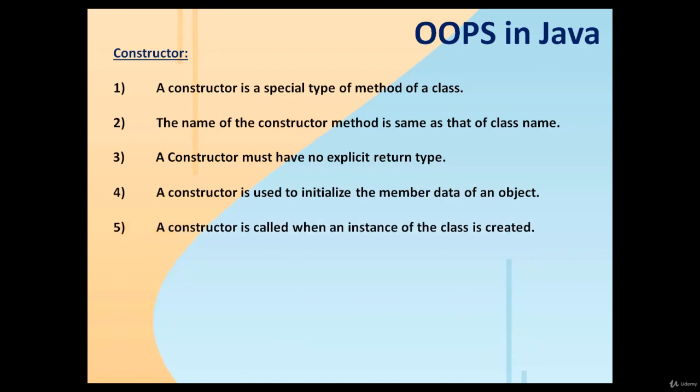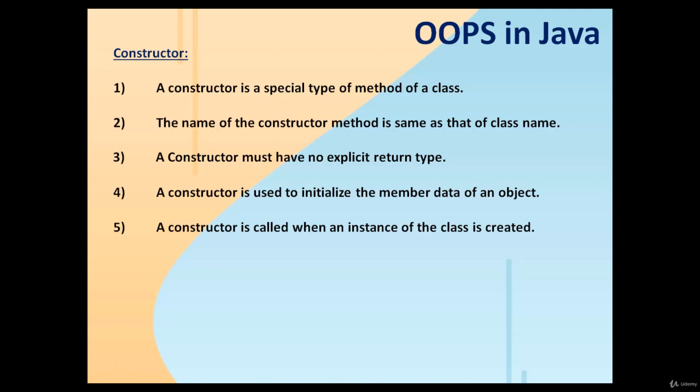And when does a constructor get executed? A normal method gets executed whenever it is called by an object, so emp.displayDetails. The emp object is calling displayDetails, and that time it gets executed. A normal method can be called any number of times.